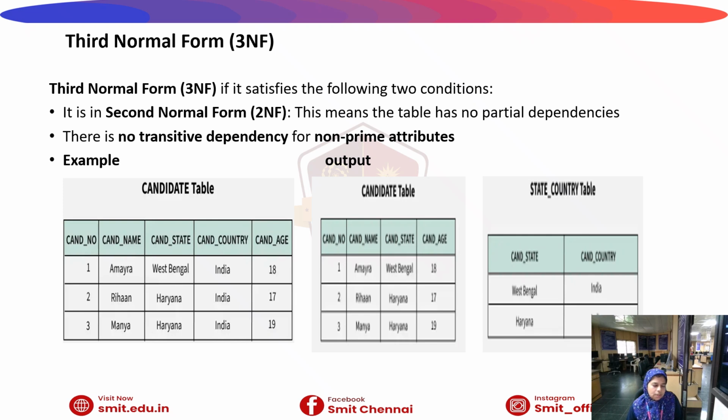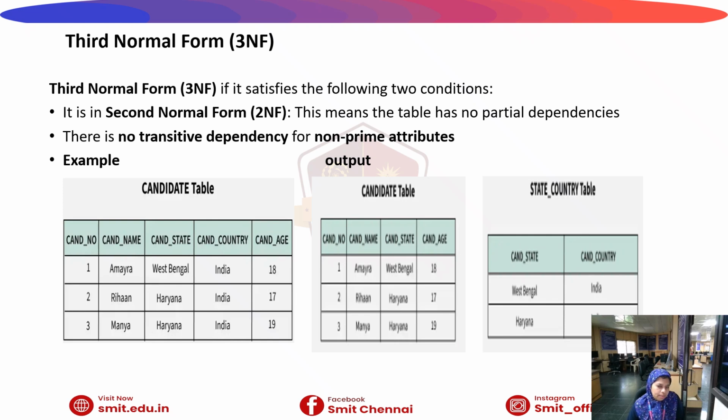The candidate table consists of the candidate number, name of the candidate, state of the candidate, and age of the candidate. Whereas the state table defines the state with the country code: West Bengal belongs to India, Haryana belongs to India. So there is no transitive dependency issue, and it belongs to the third normal form.